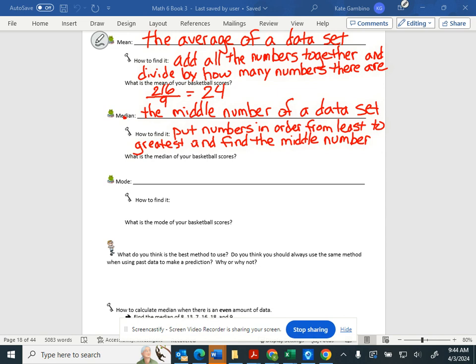So if we look at our basketball scores, there's 9 of them. What is the median of our basketball scores? Well, our first step is to put our scores in order.